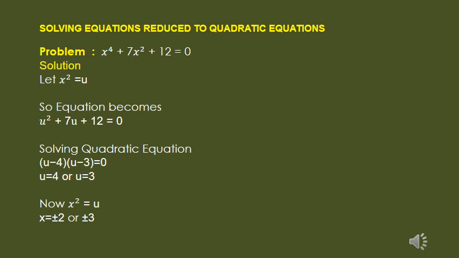The equation becomes u square plus 7u plus 12 equal to 0. After factorizing, we get two roots, u is equal to minus 4 and u is equal to minus 3. Now we put x square equal to u. After replacing, we get x is equal to plus minus 2 or plus minus 3.